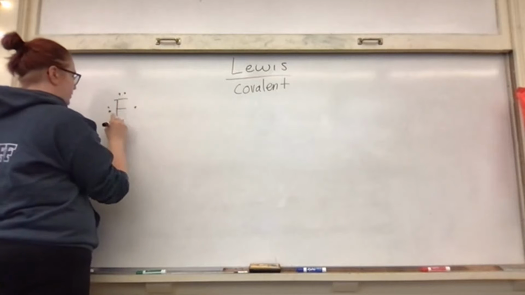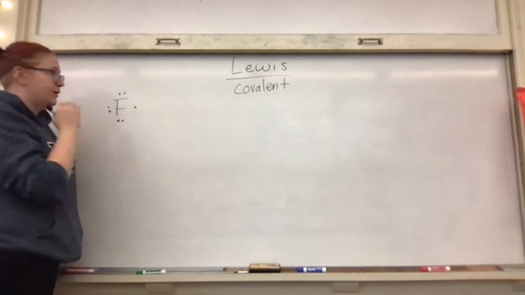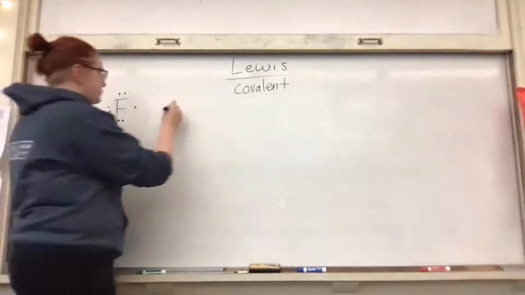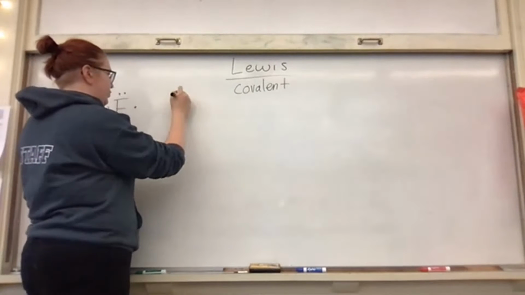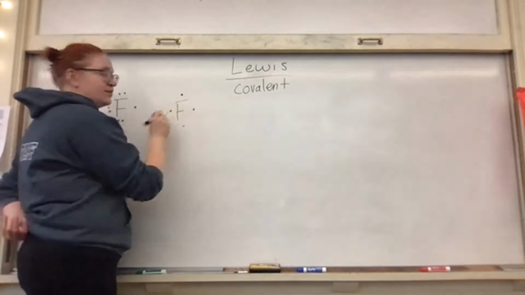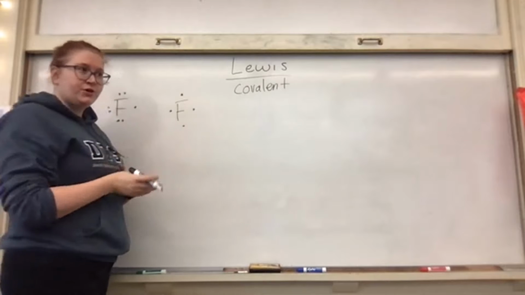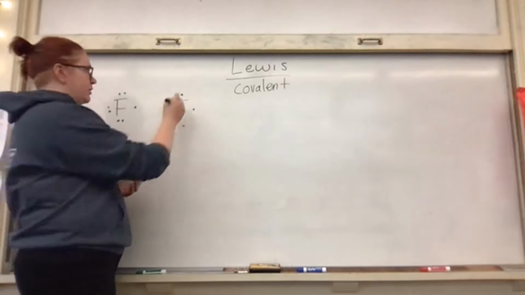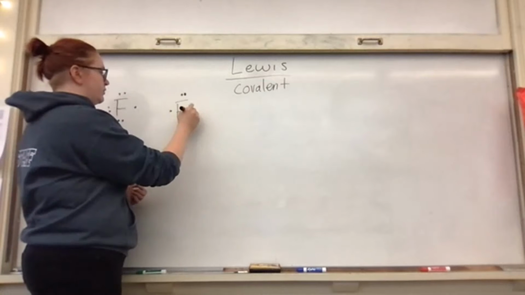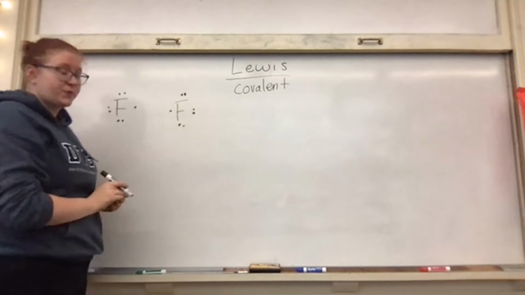I'm going to go this way so that the electron is left over here. You'll notice I don't use brackets when I'm doing covalent compounds. That's because no ions are formed. These are stuck together sharing electrons, so there isn't a different charge. They're not ions. They're atoms stuck together in a molecule.